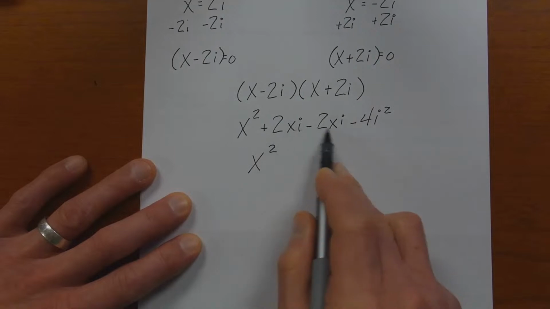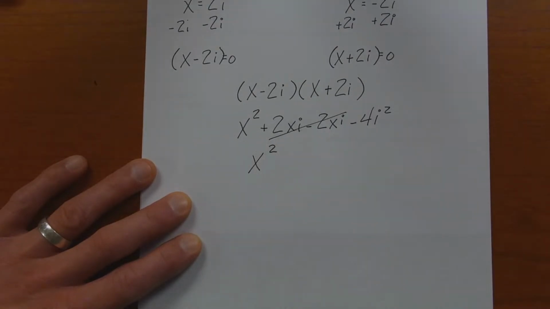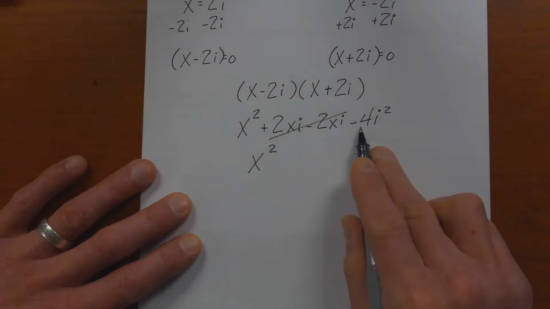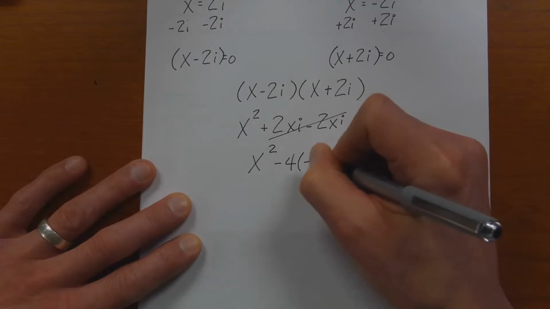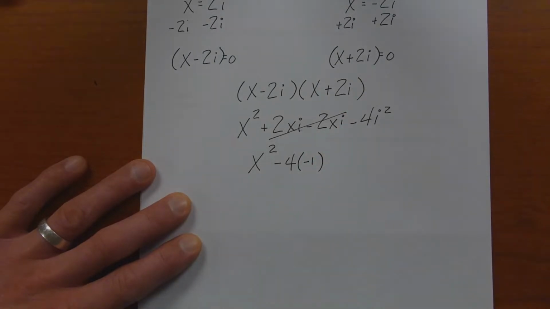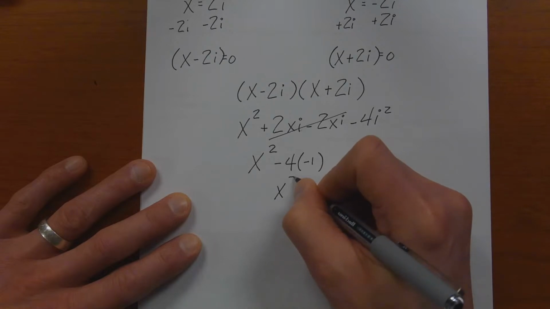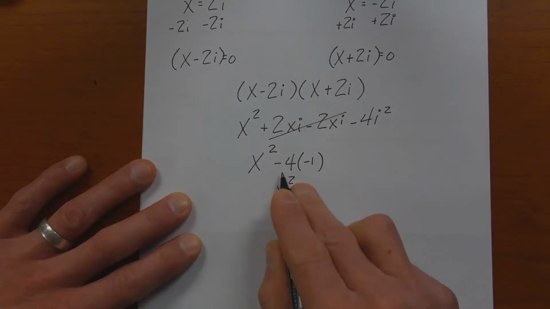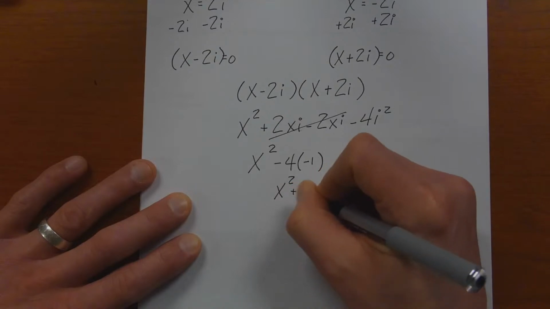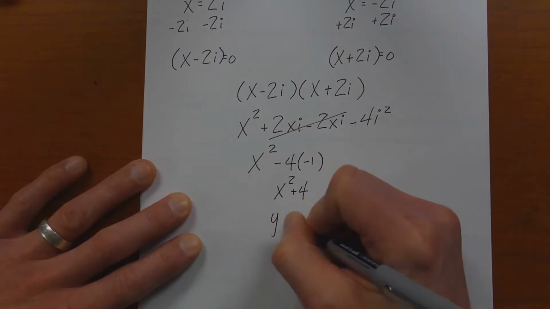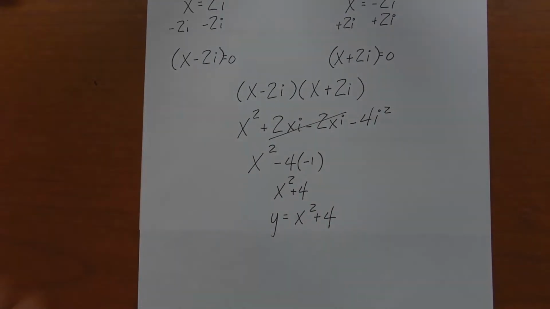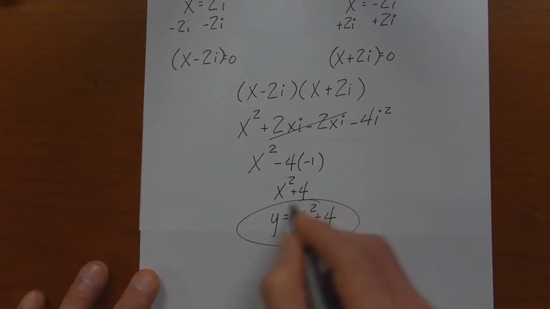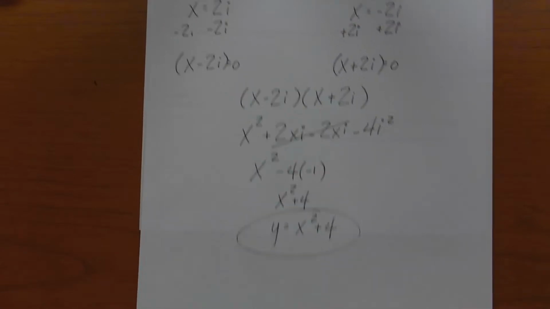Simplifying, x squared, notice these two terms cancel one another out. Minus 4i squared, but remember i squared is really negative 1. So now we have x squared, negative 4 times negative 1 is positive 4, and we now have a polynomial equation that would produce roots of plus 2i and negative 2i. That would be your answer.